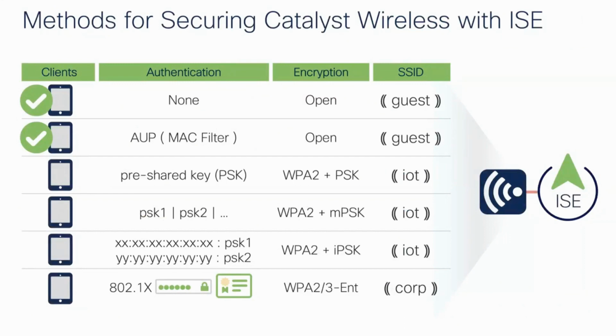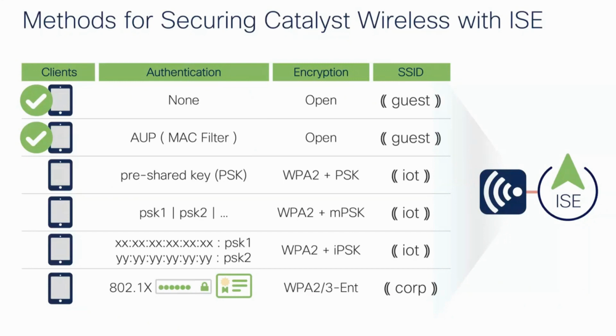The idea here now is that we are going to have an IoT WLAN, a wireless LAN, and we're going to be able to configure pre-shared keys like you already do. Probably everyone has at home on their network. And then we're going to actually have multiple pre-shared keys on that same SSID as well.